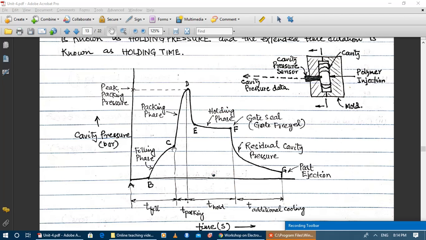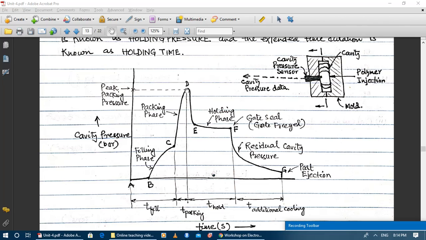In the packing phase you will apply more injection pressure, huge injection pressure. You can see the point is at the peak packing pressure, and at point D my cavity is in a highly compressed state.